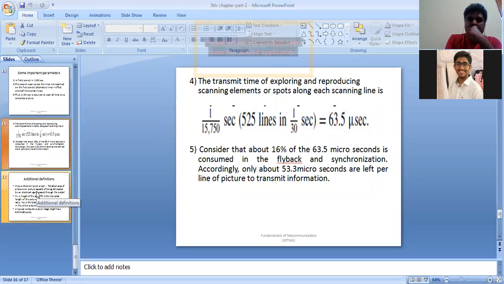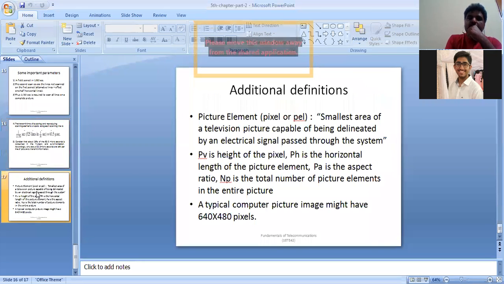Okay, coming to the last slide, there are some definitions. The smallest portion of the image, the basic fundamental element of any picture, which can be differentiated from the neighbors, is called a picture element, and it is widely abbreviated as pixel.